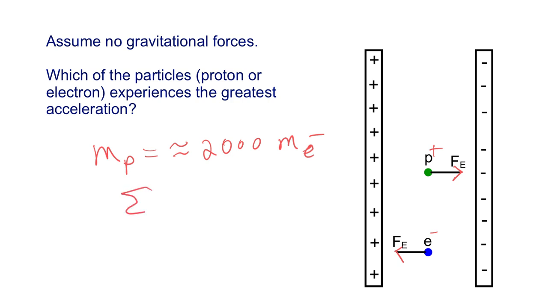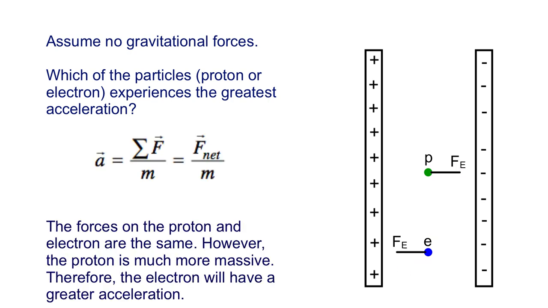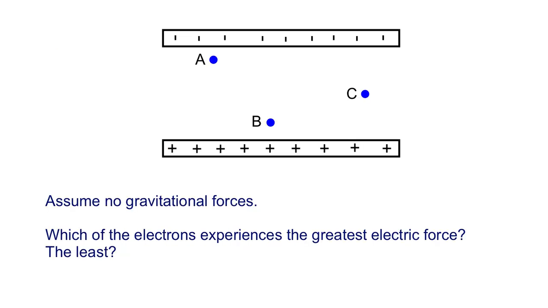So because they have the same force, by Newton's second law of motion, if you have the same force but a much bigger mass, your acceleration is much smaller. So the acceleration of the proton would be like that if I were to draw a vector, whereas the acceleration of the electron would be 2,000 times bigger, like that. So here they explain what I just did. It's a very important question.